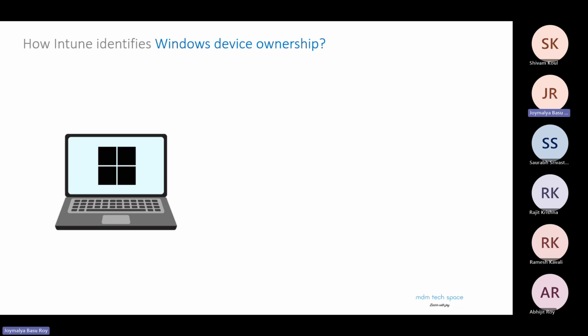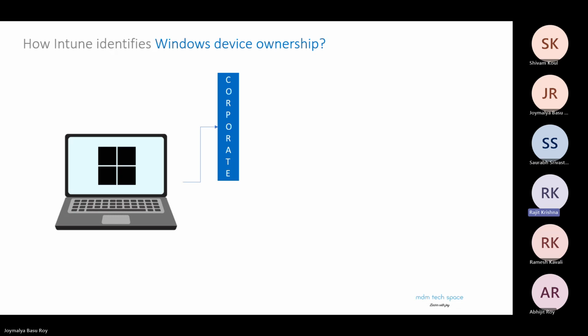how does Intune determine what is corporate? If the device is coming from this type of enrollment, then it should be tagged as corporate. Otherwise, it should be tagged as personal. So what are those enrollment methods?